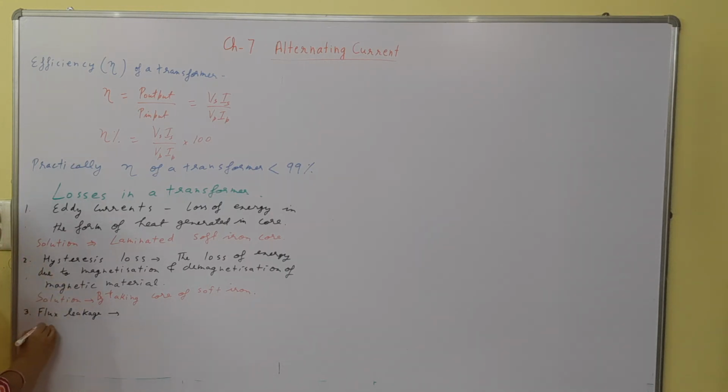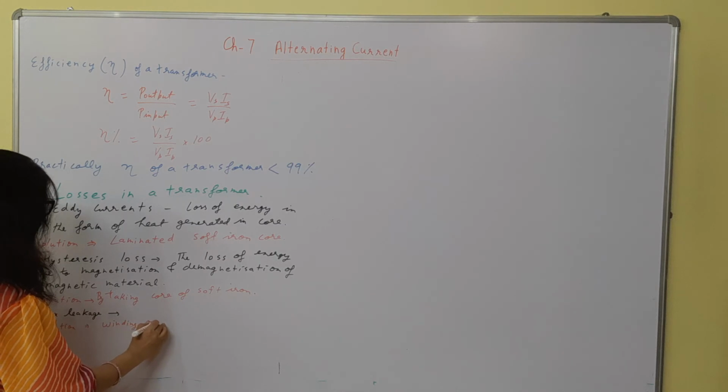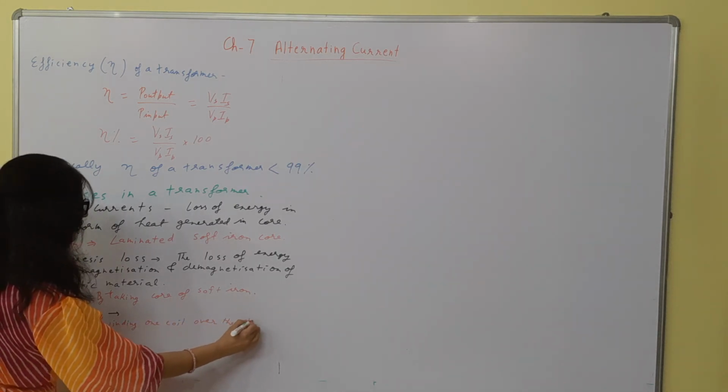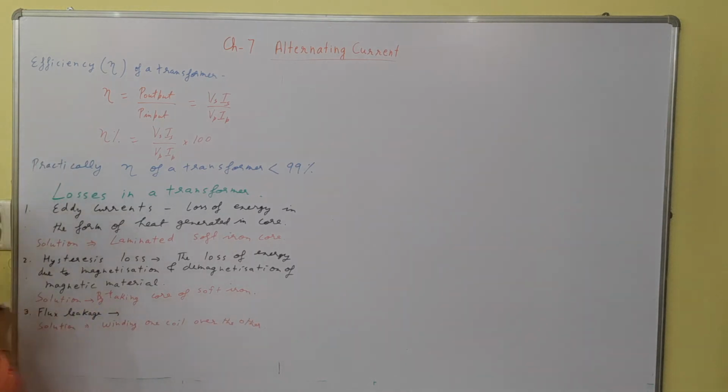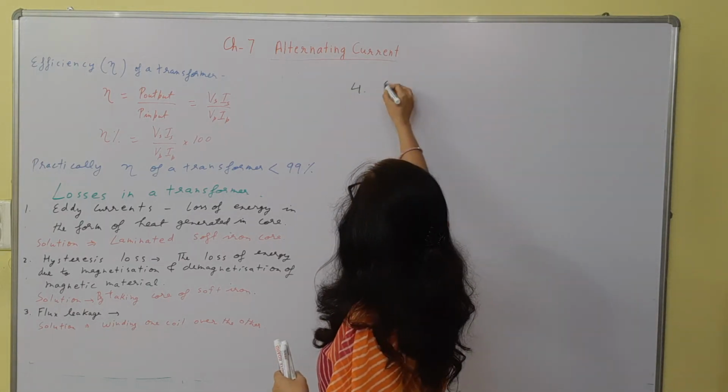So the solution is winding one coil over the other. And fourth and the last loss of transformer is considered copper losses or winding losses.